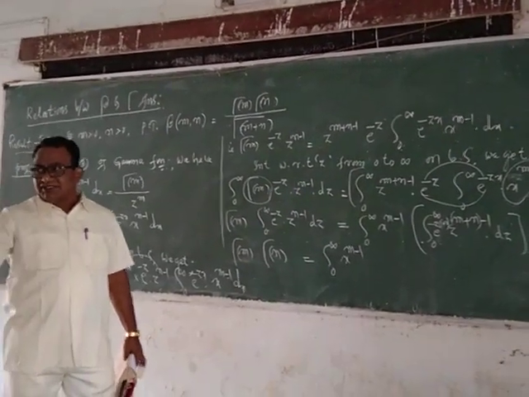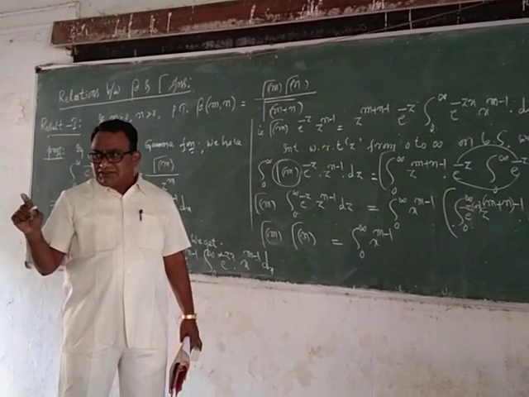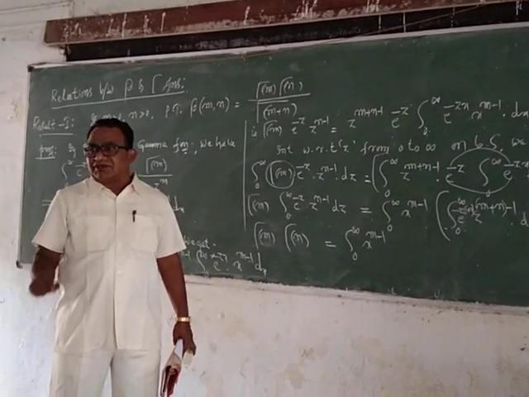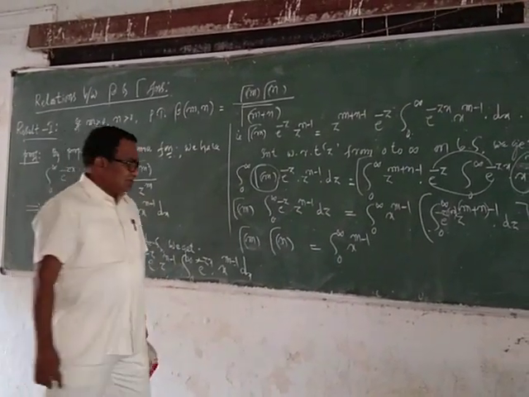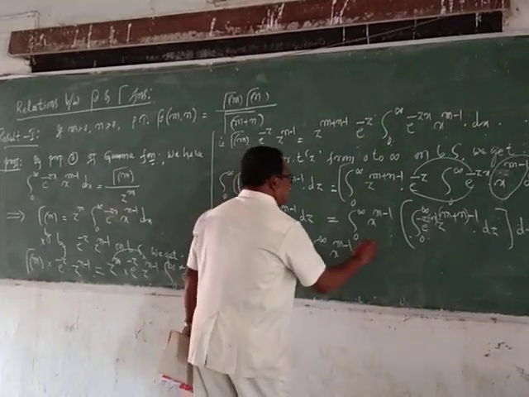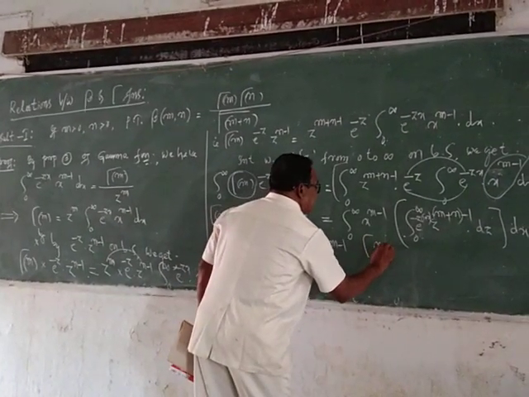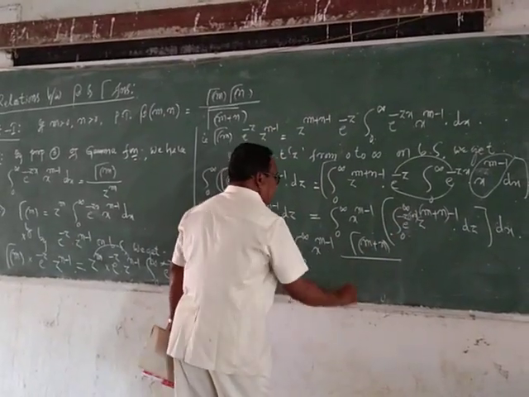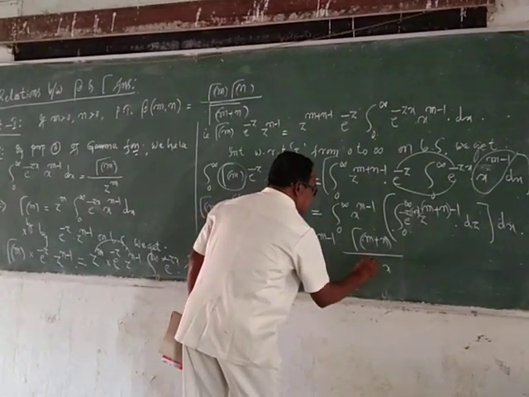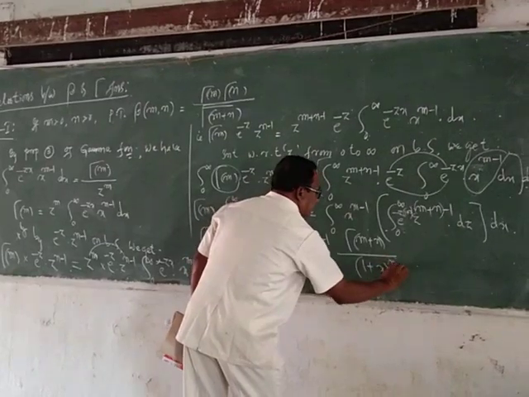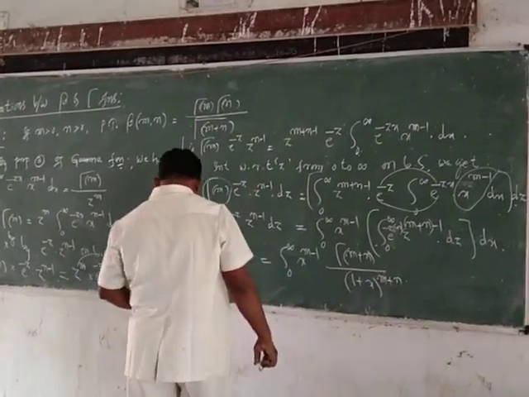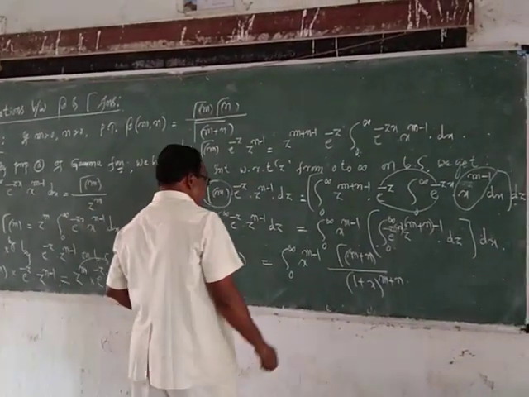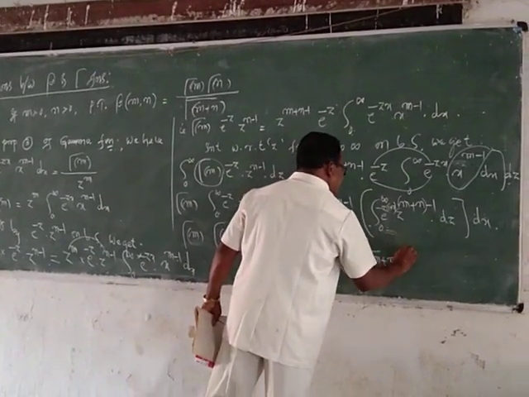By property number 3, it is gamma m divided by a to the power m. So this is equal to gamma m plus n divided by 1 plus x whole to the power m plus n into dx.